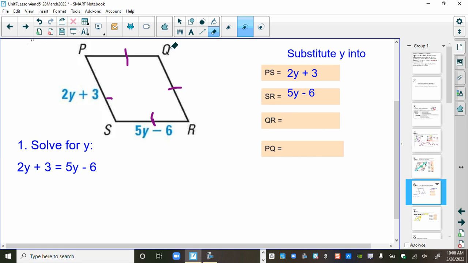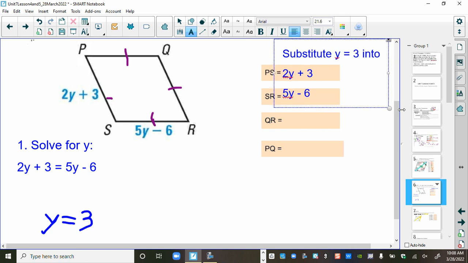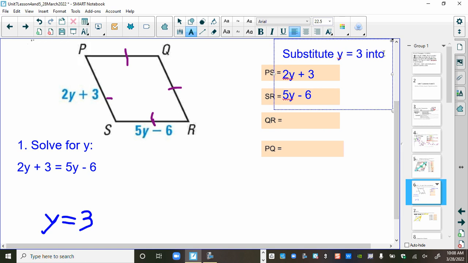Okay, we agree? 3 for y? Okay, so y is 3. I agree too. So substitute y equals 3 into 2y plus 3, 5y minus 6, and then what do we get in both cases?